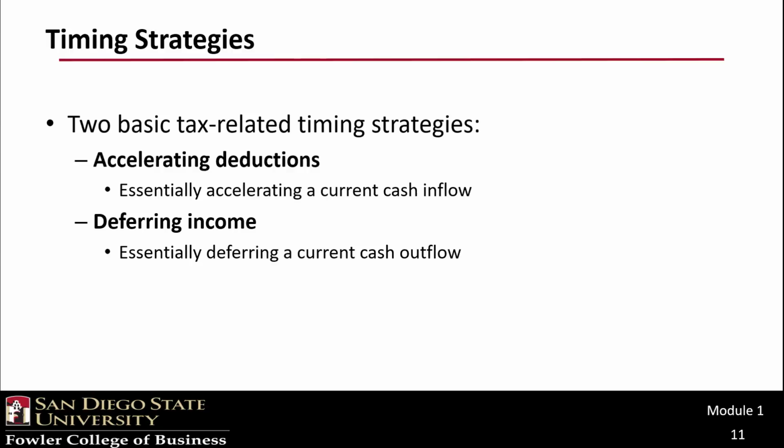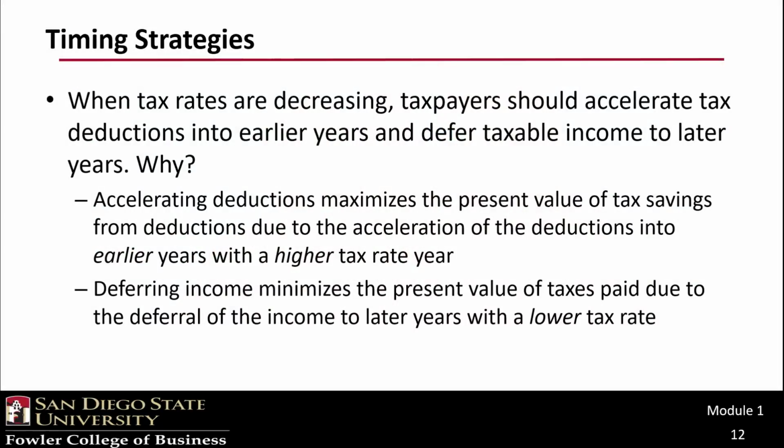That brings us to our two basic tax-related timing strategies. The first one is accelerate deductions, and the second one is defer income. Learn it, know it, live it. So when tax rates are decreasing, taxpayers should accelerate deductions in the earlier years and defer taxable income to later years. And we already know why, because we just did an example of this.